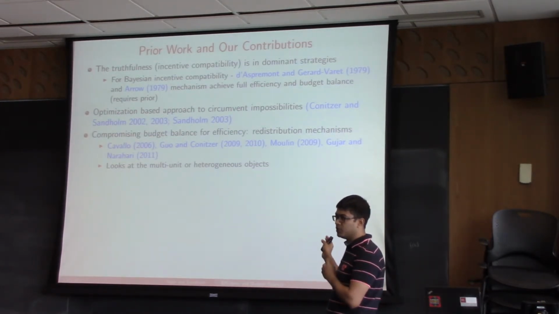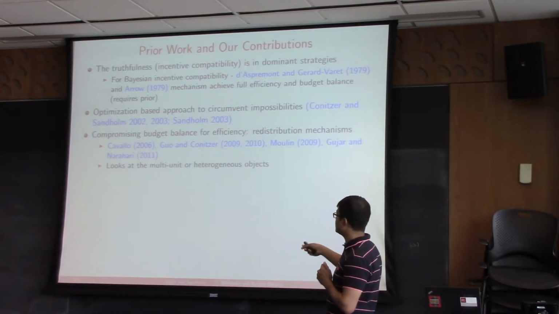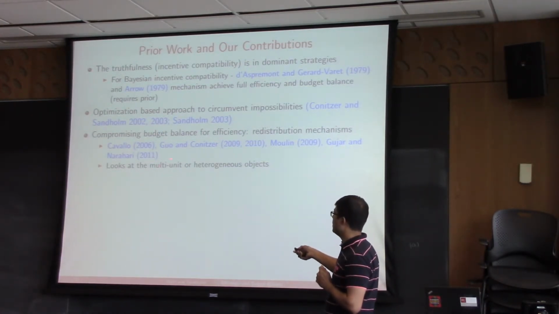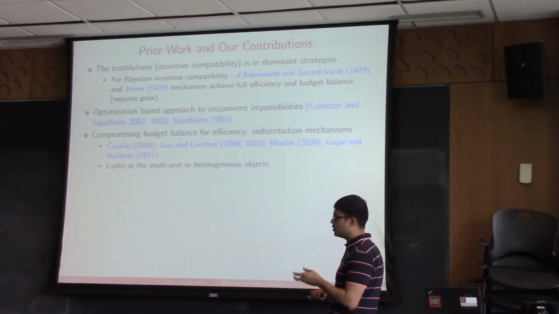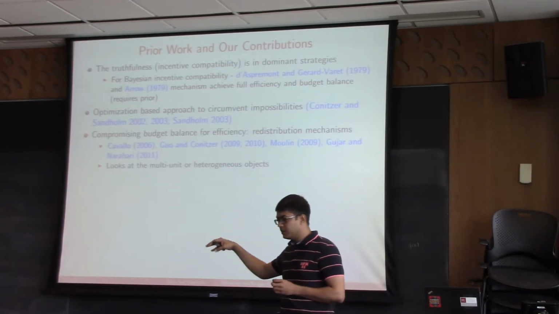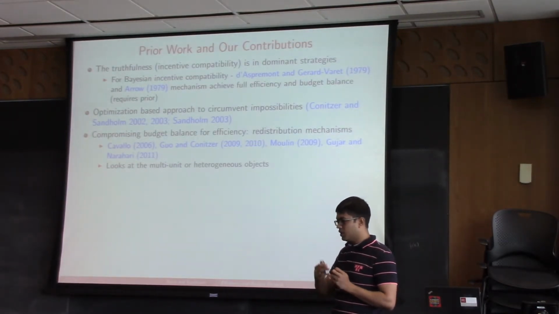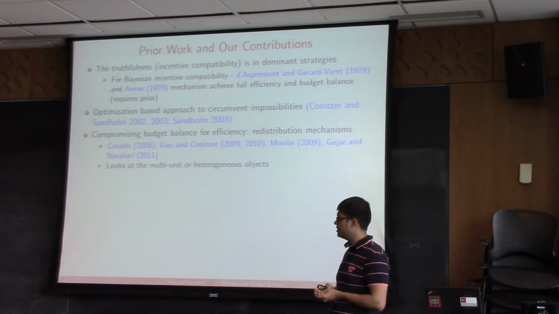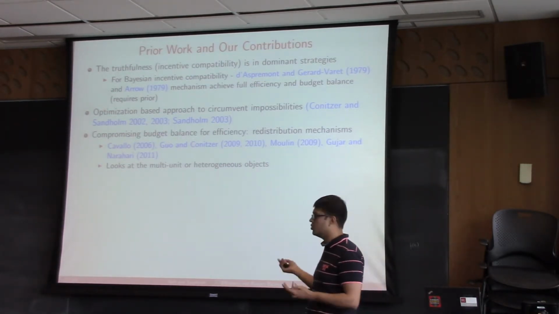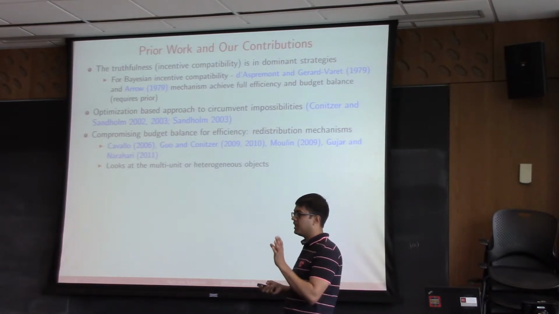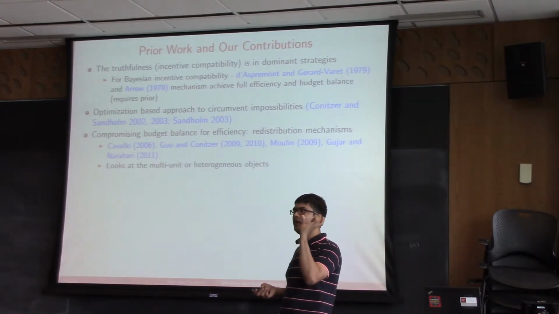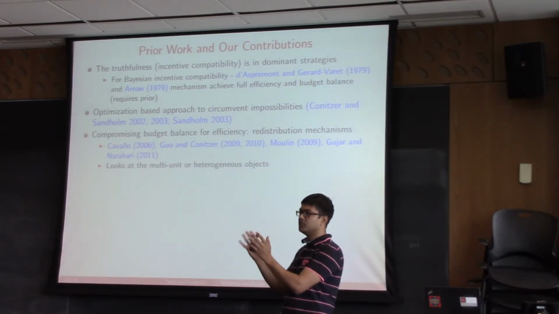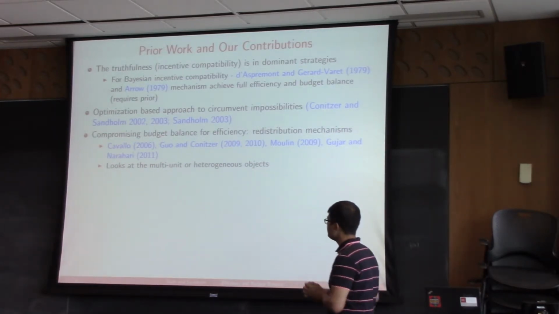It is not always possible, but in certain contexts, in particular for multi-unit auctions or heterogeneous object allocation, it is possible to redistribute the payment given by the VCG scheme back to the agents in a way such that it does not violate the strategy-proofness constraint. This bunch of papers essentially shows the case where you fix efficiency as a requirement and try to minimize the budget imbalance as much as possible.